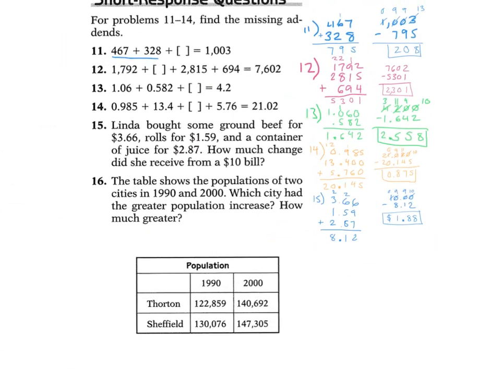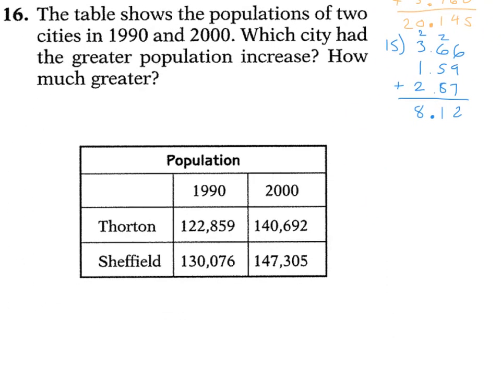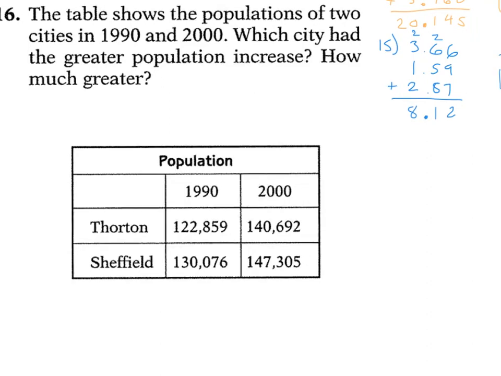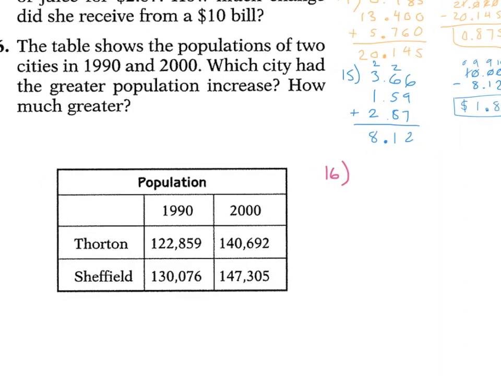Okay, last one, we have number 16. The table shows the populations of 2 cities in 1990 and 2000. Which city had the greater population increase and how much greater? So to find the population increase, we're going to have to subtract our population from 2000 from the population that is in 1990 for both Thornton and Sheffield.